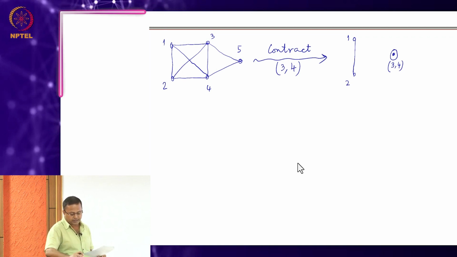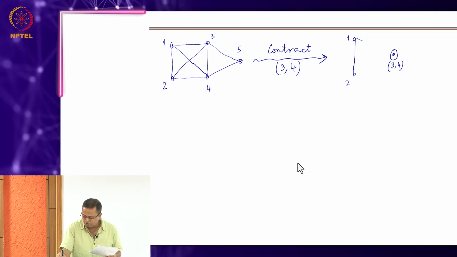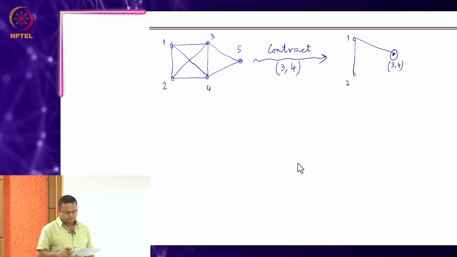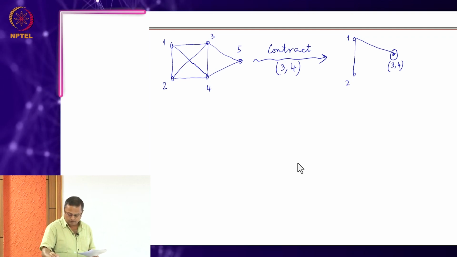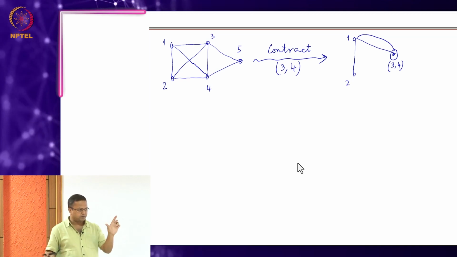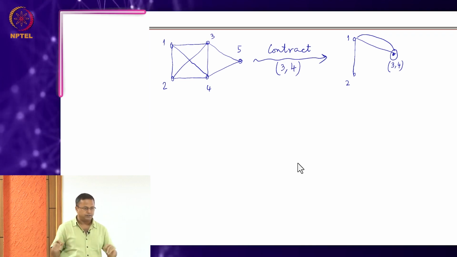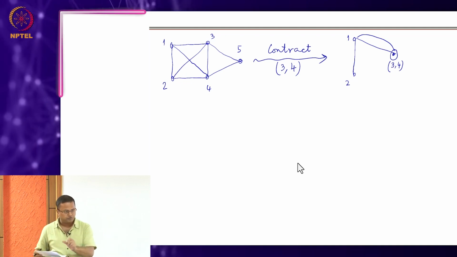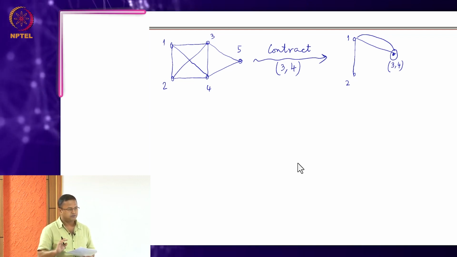Now from 3 there was an edge to 1, so from this super node there should be an edge. There was also an edge from 4 to 1. When you collapse, whatever edges are going out from these two ends should be retained. So 3 had an edge to 1, I keep it from this super node. 4 had an edge to 1, I also keep that edge.